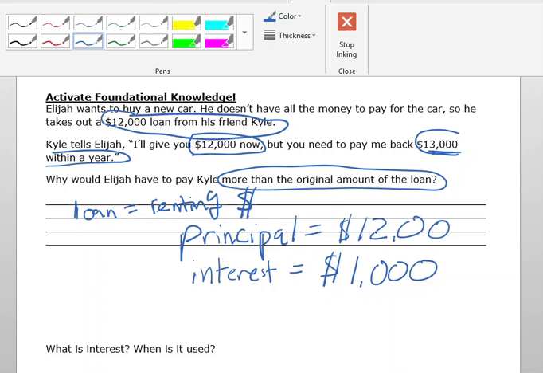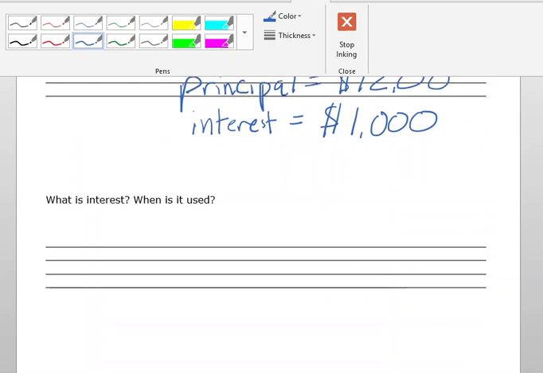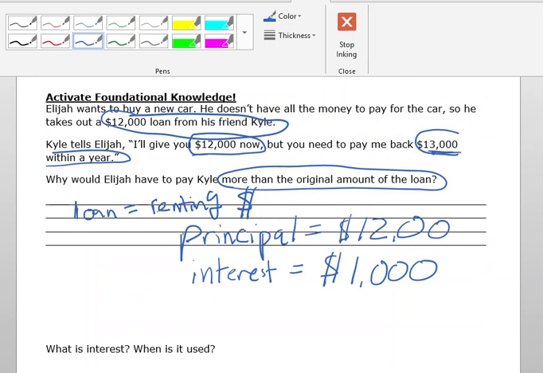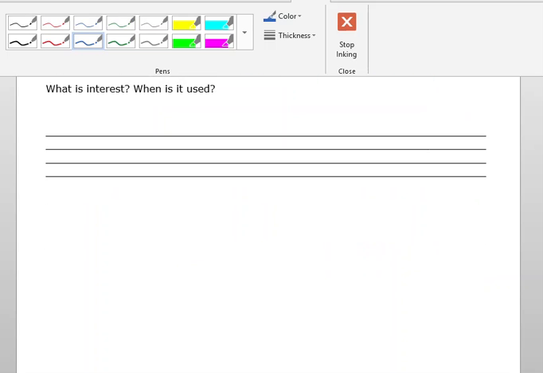Now, what is interest and when is it used? So interest, again, is sort of the price that you pay for borrowing money. When is it used? Well, it's used practically everywhere.